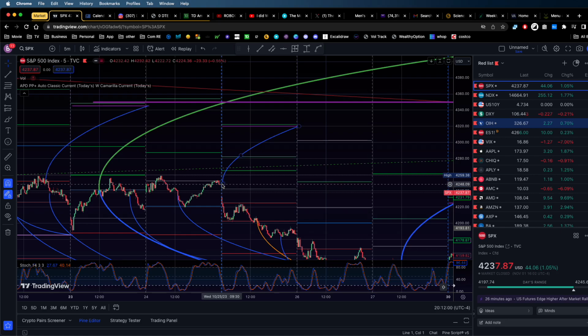The blue line starts at the time and place where I place the trade, and it ends on the expiration time at my strike price. Okay, so this particular one that I'm looking at is a call spread above the market, and this purple line is my strike price.